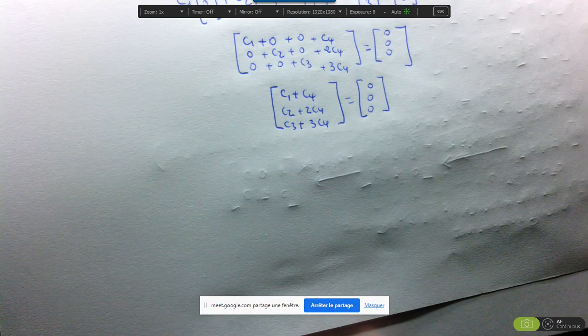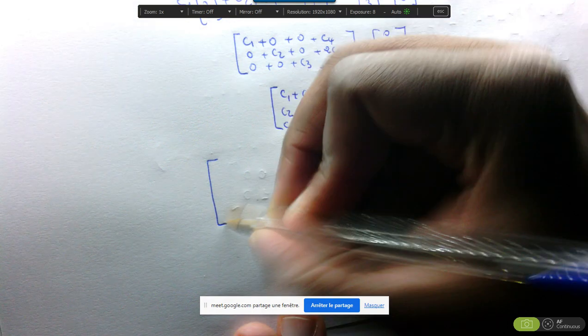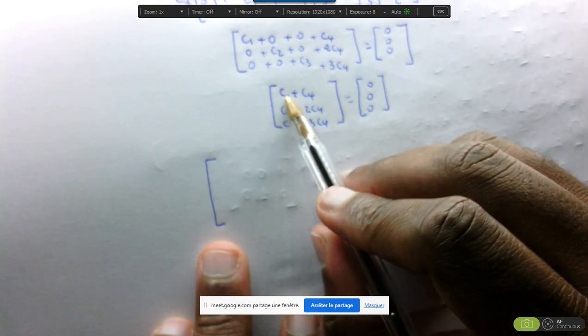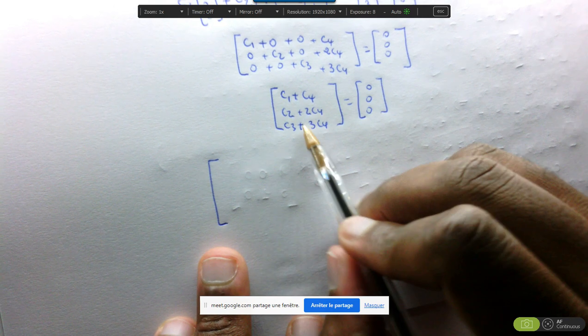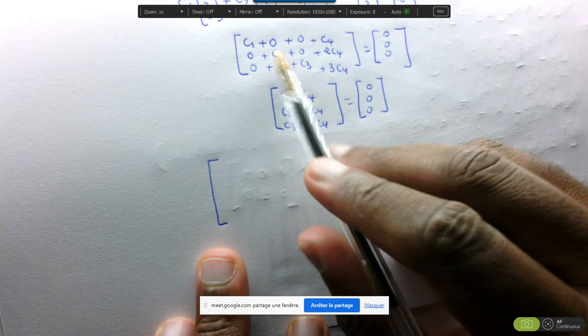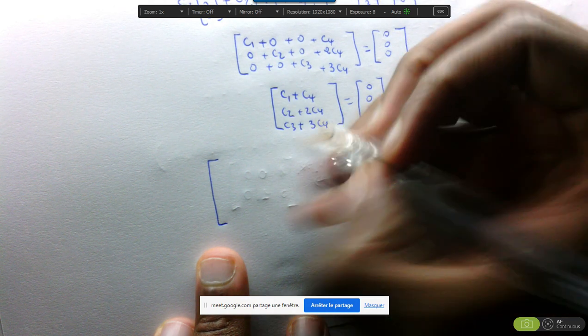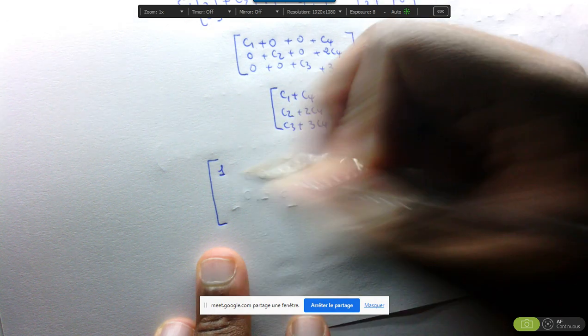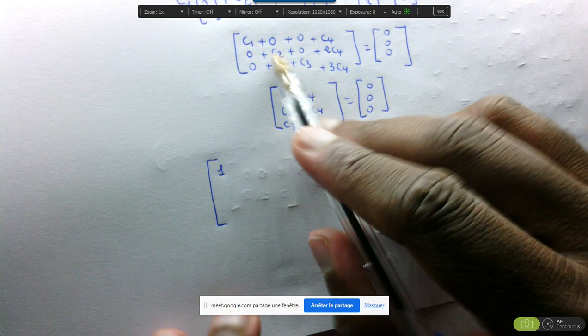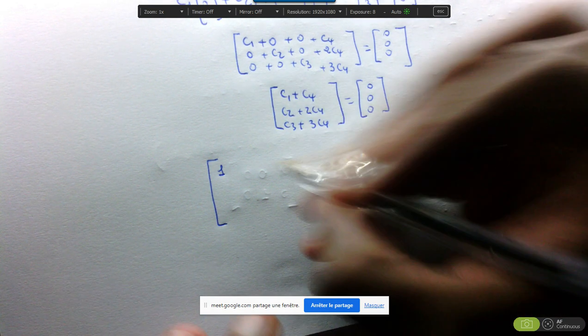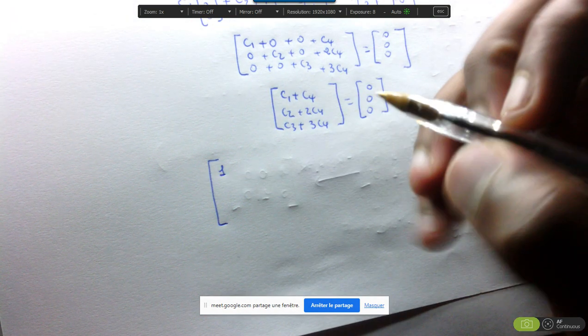Normally we have to solve the following system. We are looking for C1, C2, C3 and then C4. So let me write all of these in terms of coefficients, in terms of a system.